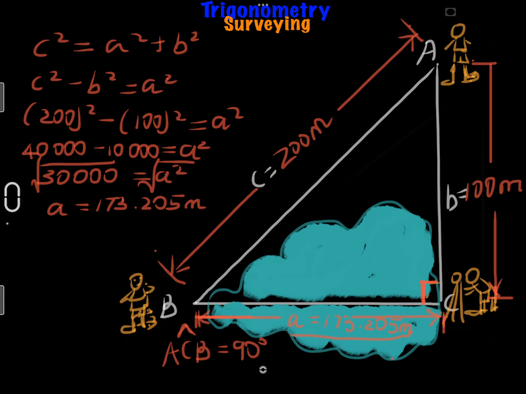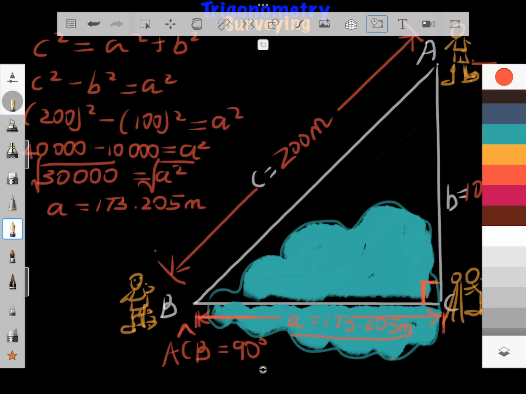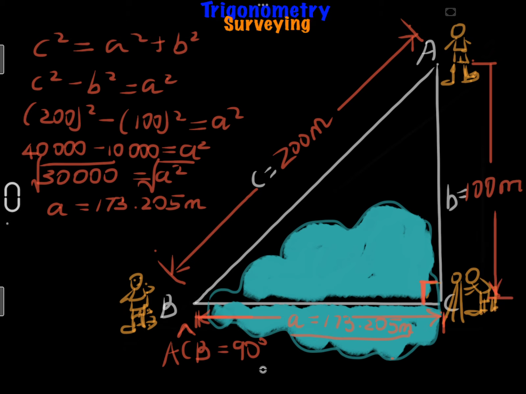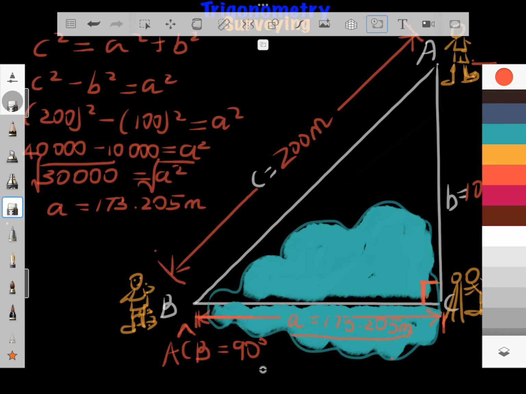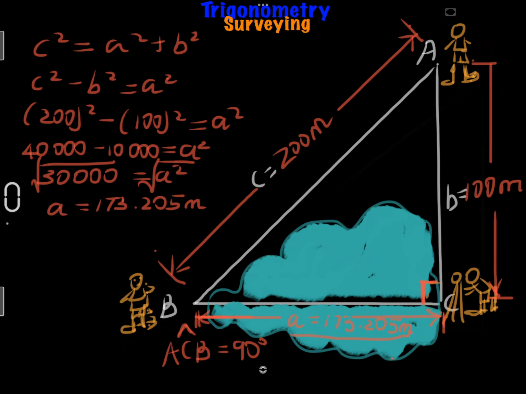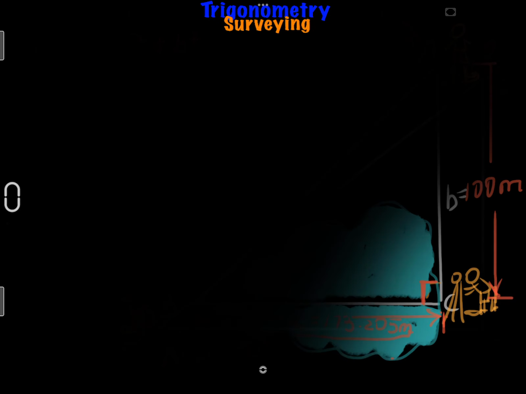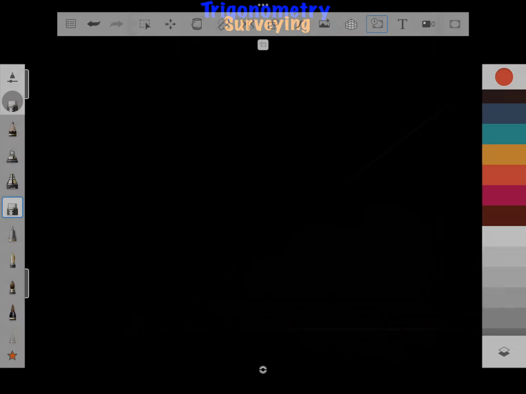Okay, let's look at the last example that almost relates to the same example that we've just looked at. Now this time we are given almost the same scenario like the first.